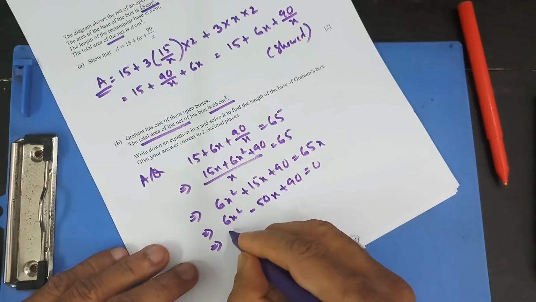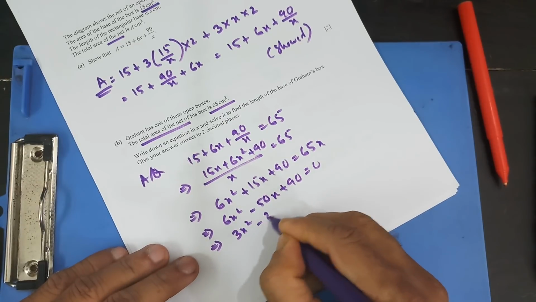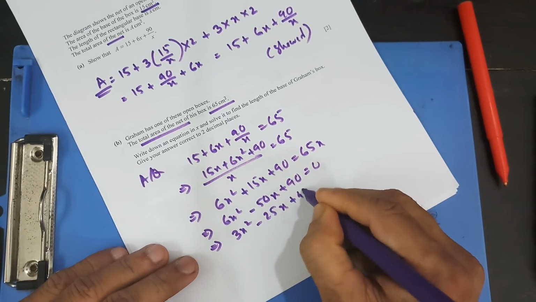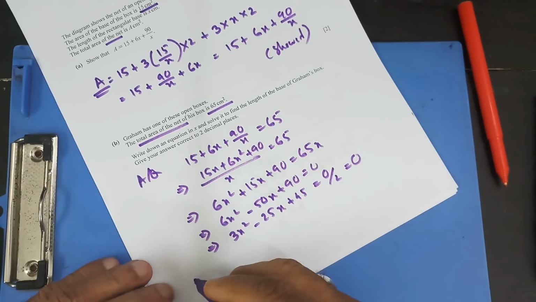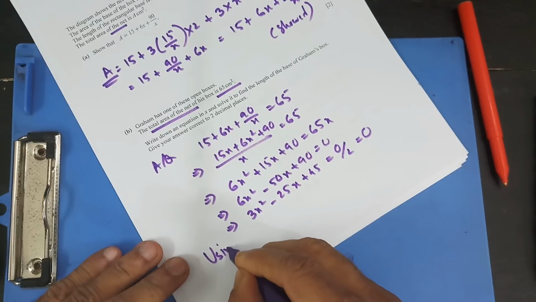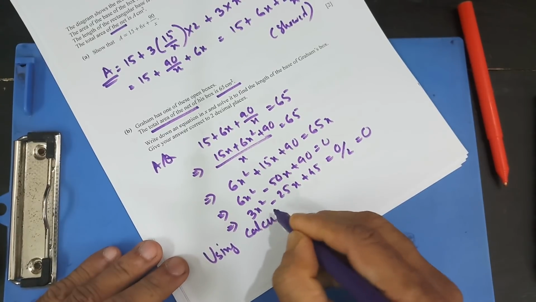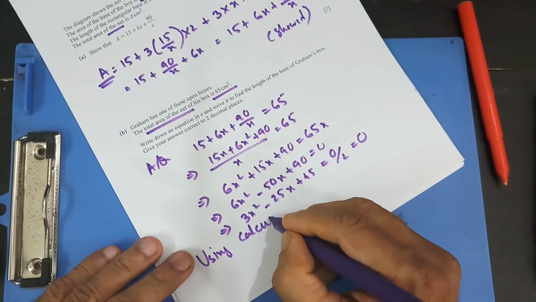Taking 2 common, it's going to be 3x squared minus 25x plus 45 equals 0. I'm going to use the calculator now. That's enough work for 2 marks.